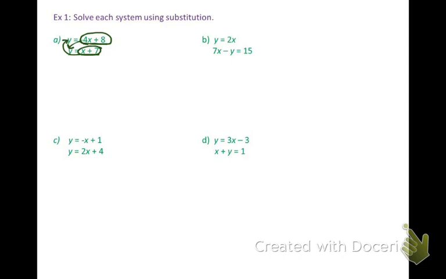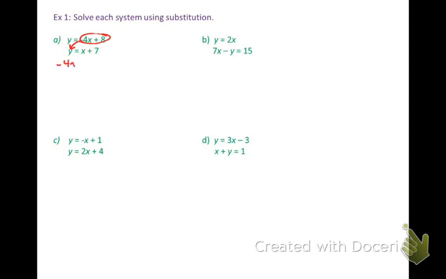It does not matter which one you do. You're going to substitute them in. So I'm going to take the top number and substitute it in for the bottom y.